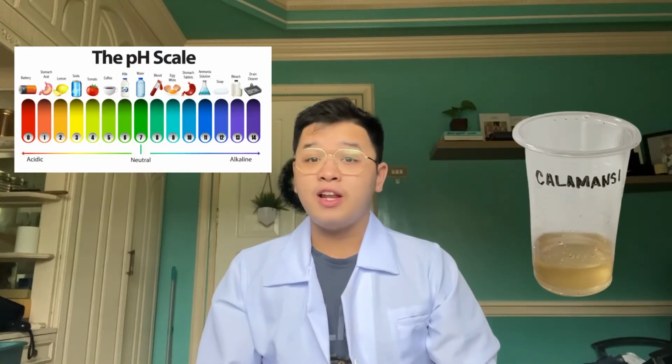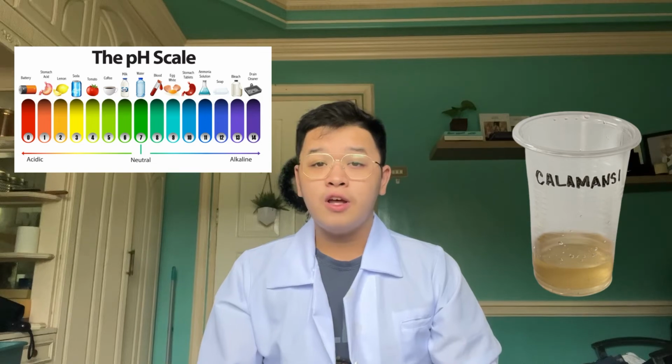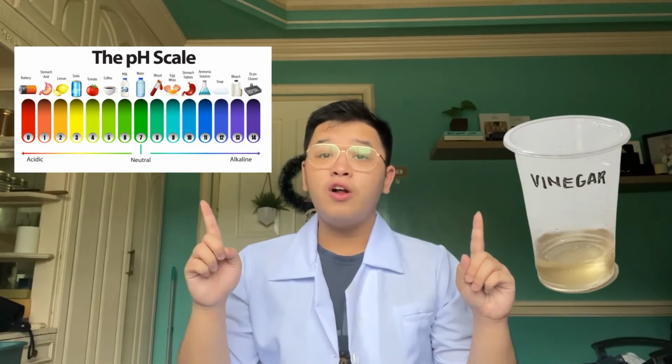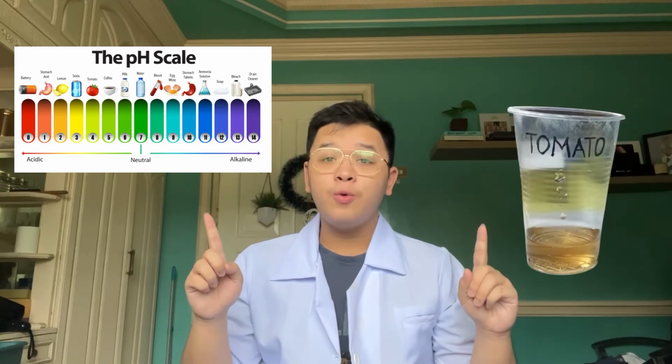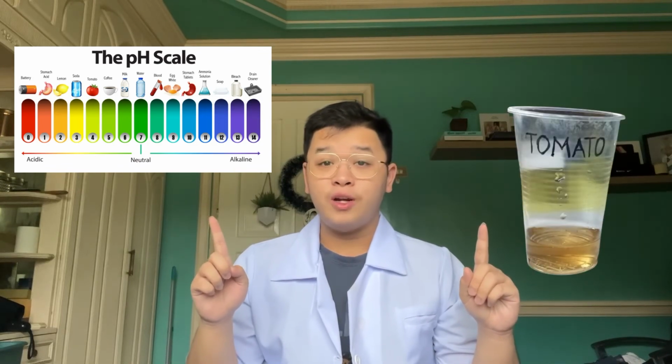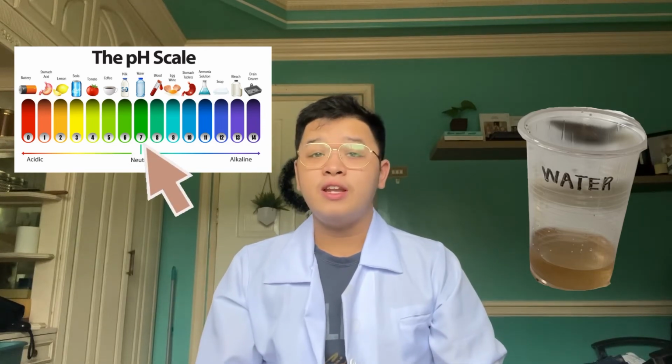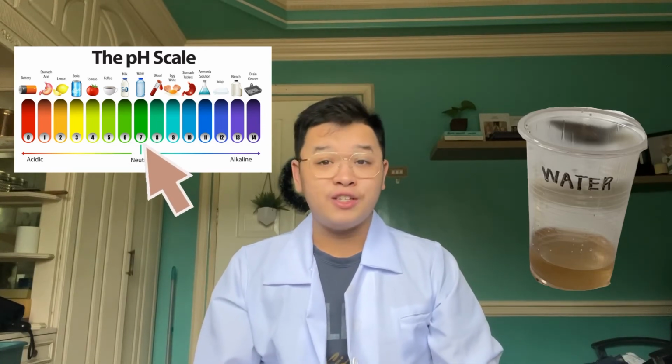Thus, from most acidic to least acidic, we have calamansi, which is color orange, will fall in number 2. Vinegar, which is light yellow, will fall in number 3. Tomato, which is corn yellow, will fall in number 4. Water, which is dark green, will fall in number 7, and that is neutral in our pH scale.